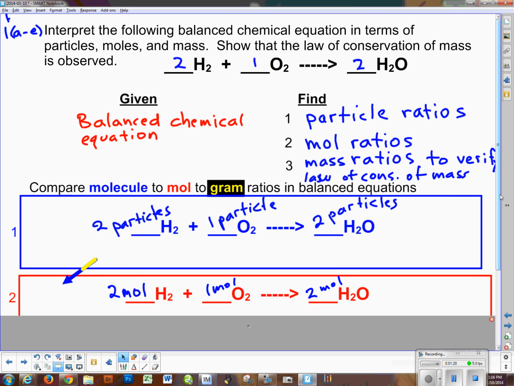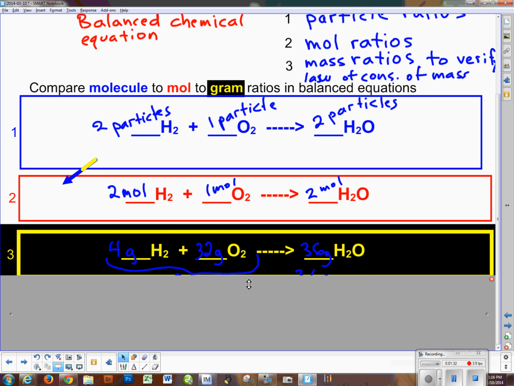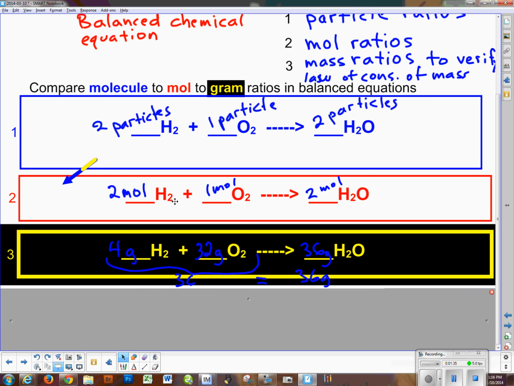And then the next thing is to show the ratios in grams. For that, you have to know molar masses from the periodic chart. And you convert the moles of hydrogen to, because there's 2 atoms in every molecule, there will be a total mass of 2 for each molecule of hydrogen.